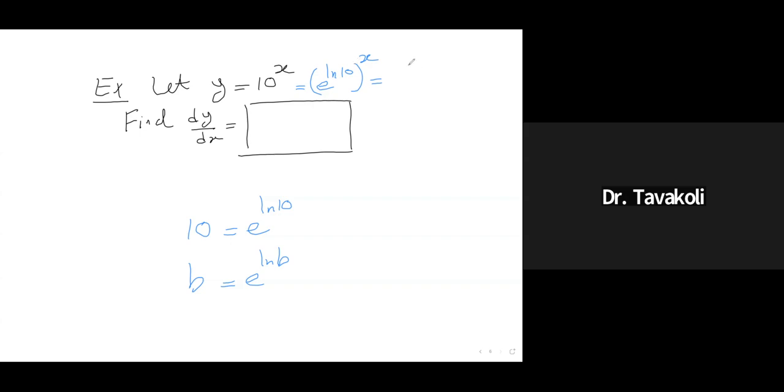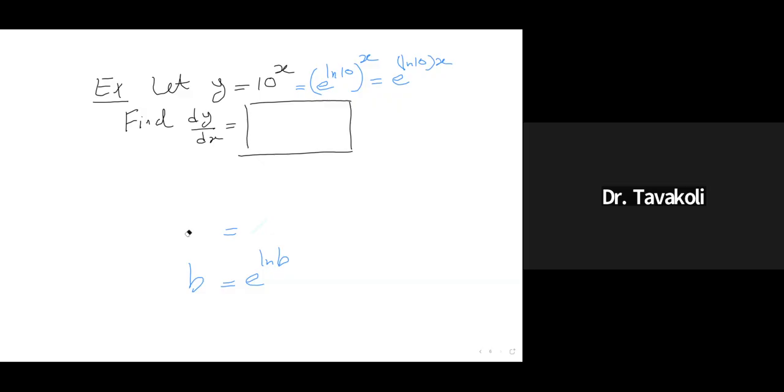So this is going to be e to the power of ln of 10 times x. ln of 10 is just a constant number. We just keep it as ln of 10. We don't need to use a calculator to estimate the value. So 10 to the power of x is e to the power of ln of 10 times x.